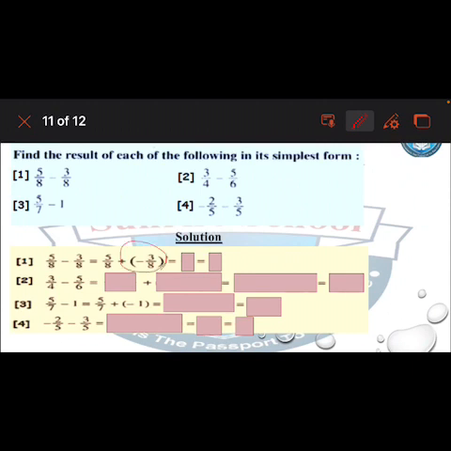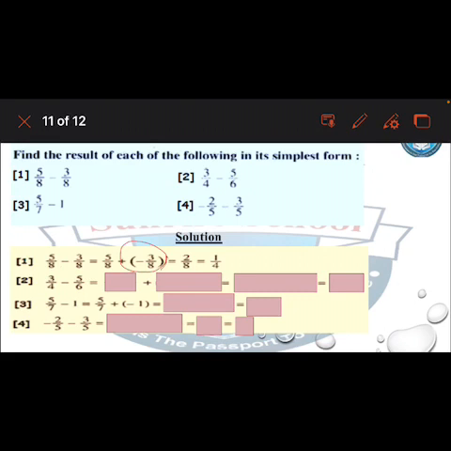This way it will be easy, and I didn't change anything. I just made plus negative into negative. The denominator is the same, so I will keep it as it is. 5 minus 3 will be 2 over 8. Can I simplify? Yes. Divided by 2 will be 1 over 4.